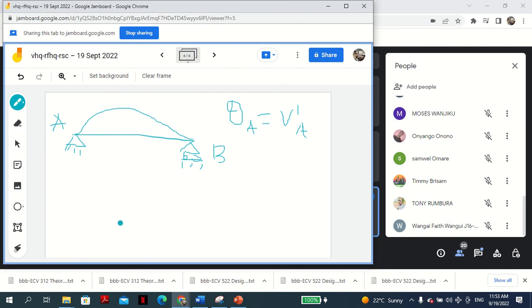So how do you do that? If, for example, you were to take moment at point B, sum moments at B, then this is VA. That's what we need.